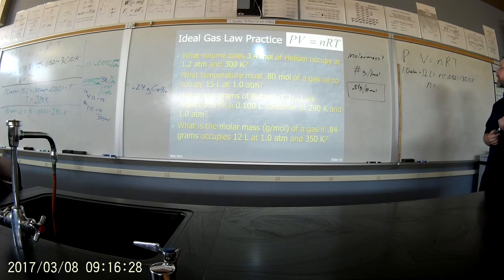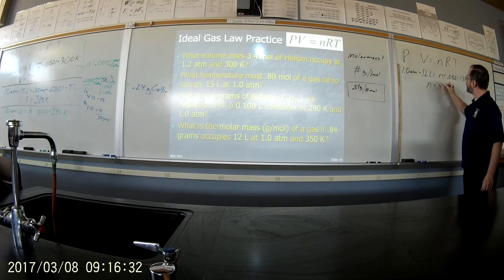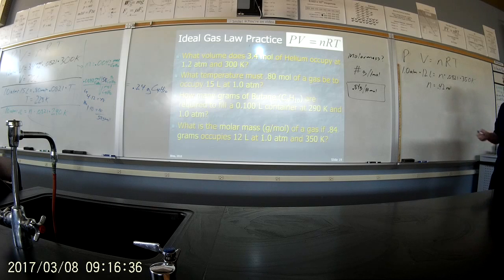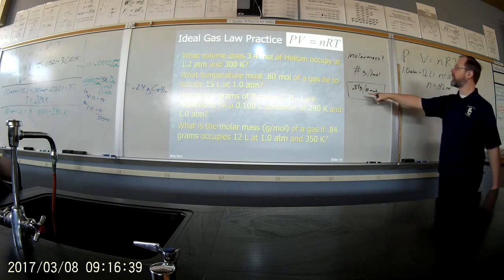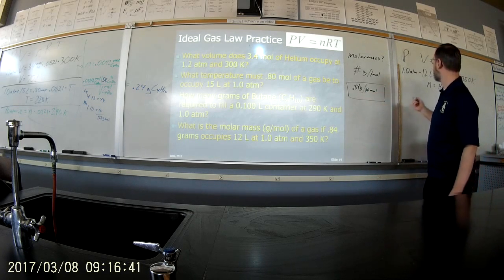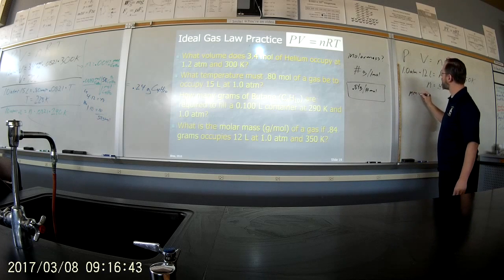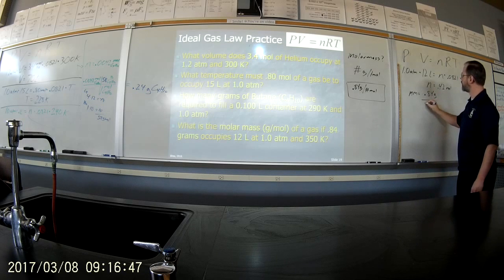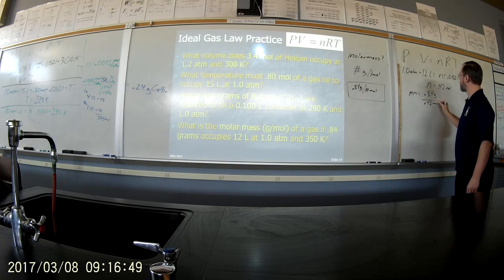Now, if I do the n properly, I think my number of moles is 0.42 moles of my unknown gas. All right, so I'm going to take that 0.42 and the 0.84 grams I have and say the molar mass ratio is going to be 0.84 grams to 0.42 moles.